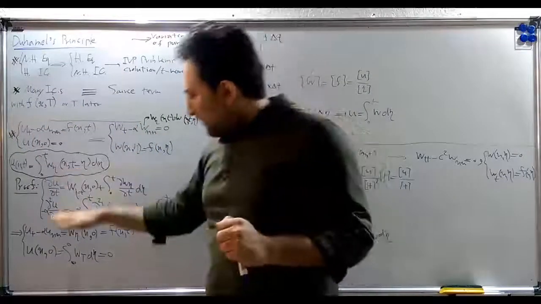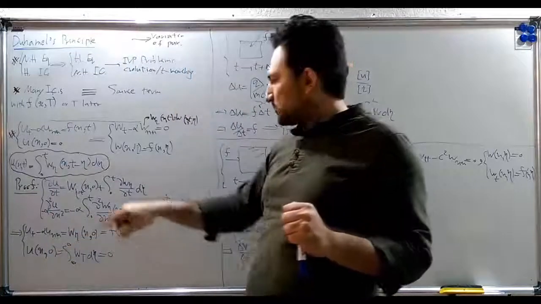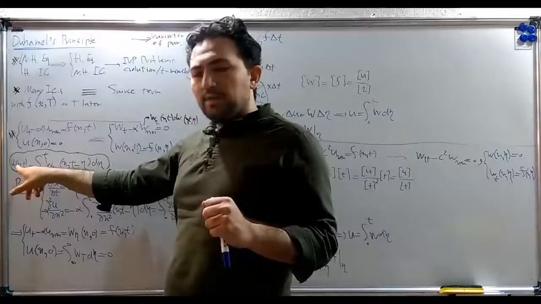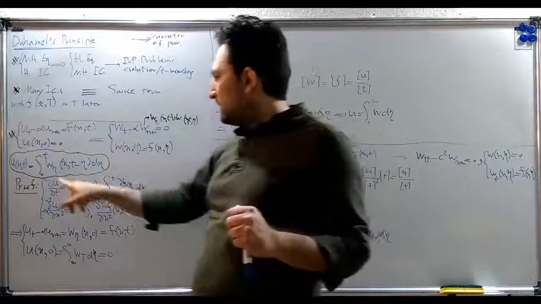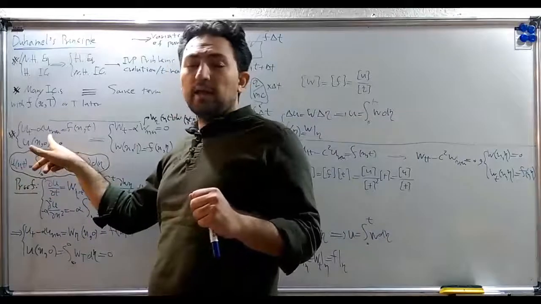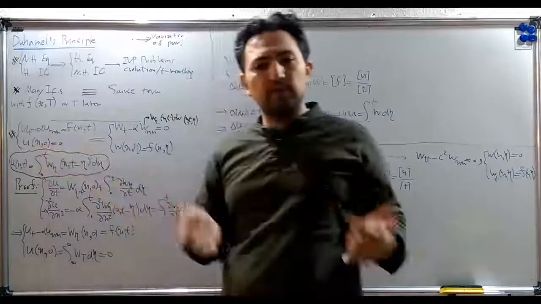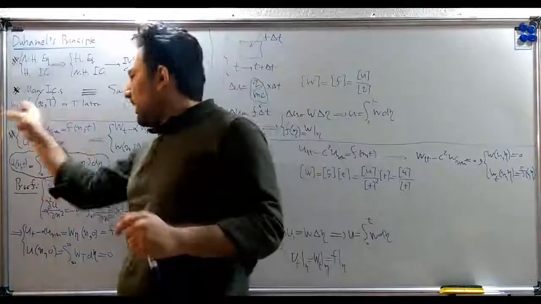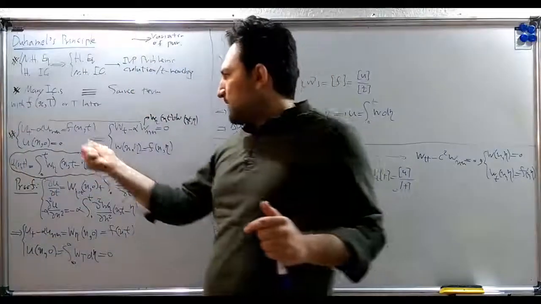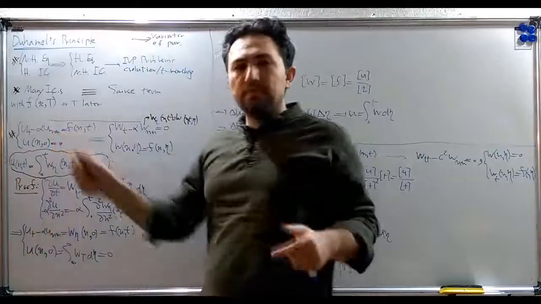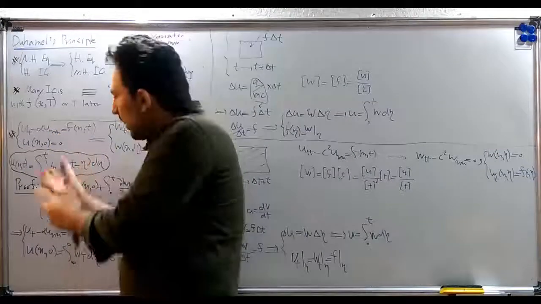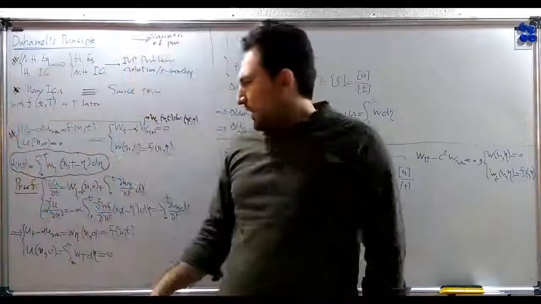So, for the mathematical proof, compute the time derivative of this integral, and then find the second derivative of this integral with respect to x, and then combine these two derivatives. If the result equals f, then this integral solves the original equation.